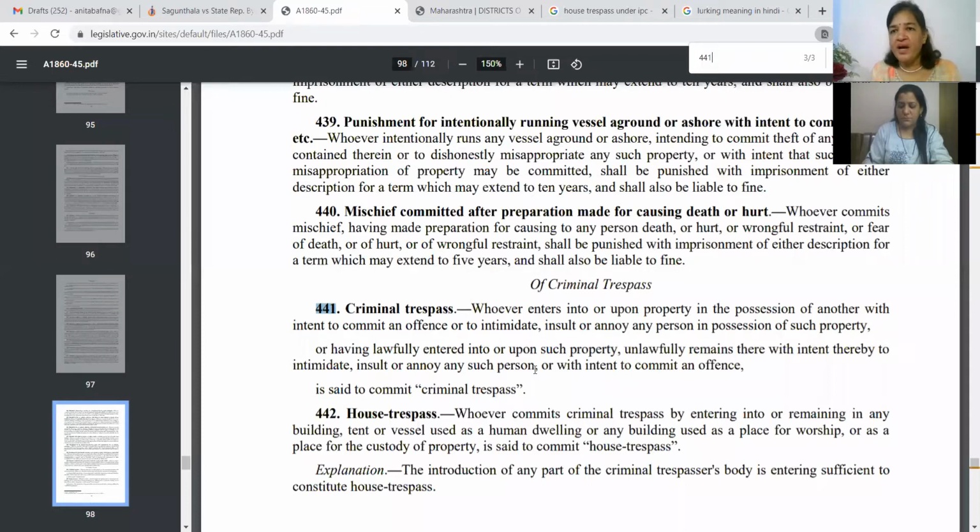See, whenever you will be asked, what are the ingredients of criminal trespass? Now whoever enters into, I'm reading the definition again.